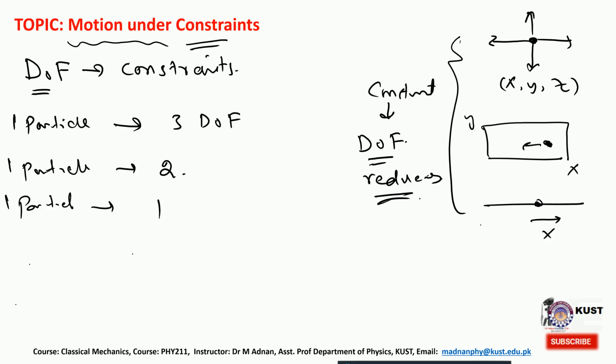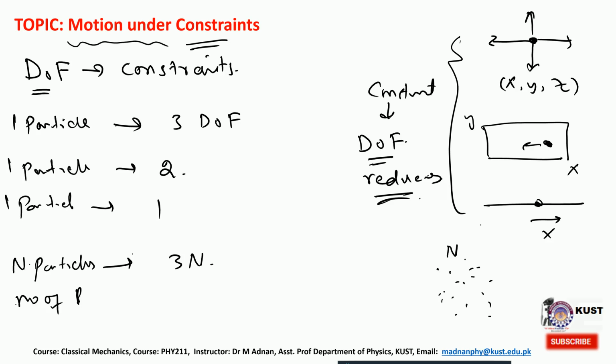So in general terms, if we have a system of n particles, we require 3n independent coordinates, and let the number of constraints be k.